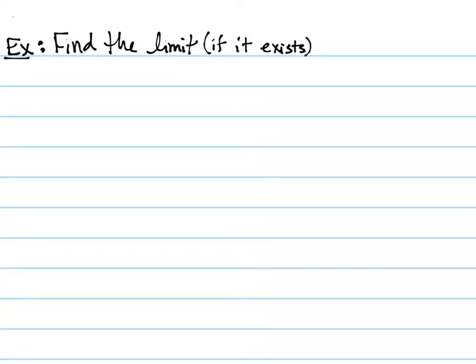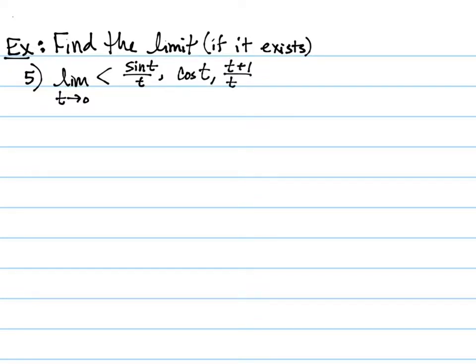And this one's actually given to us in our bracketing notation. The limit as t goes to 0 of sine of t over t, cosine of t, and t plus 1 over t minus 1.